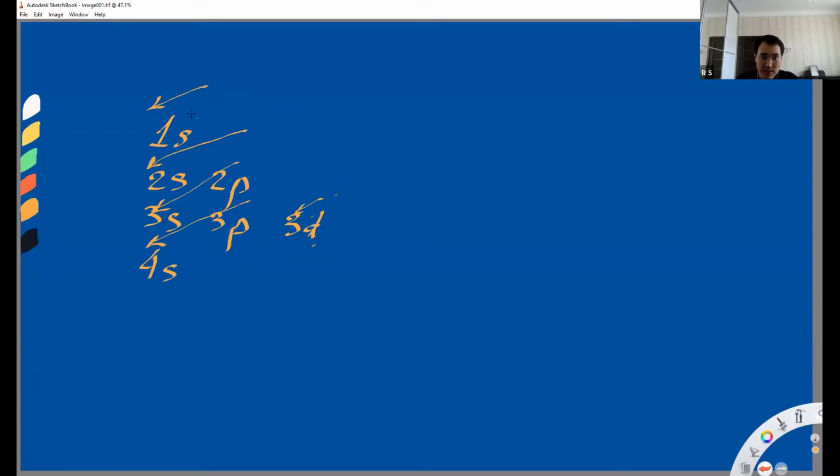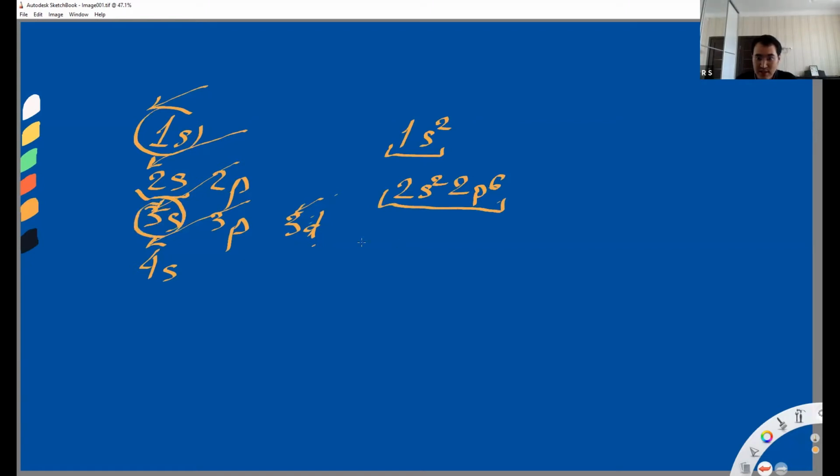The maximum that an s orbital can take is 2 electrons, so it is 1s2. Then we start with the second level: 2s2 and 2p6. After 2p6, we switch to 3s, so it goes 3s2, 3p6. After we fill 3s2 and 3p6, we start with 4s2, and then we go to 3d, okay?